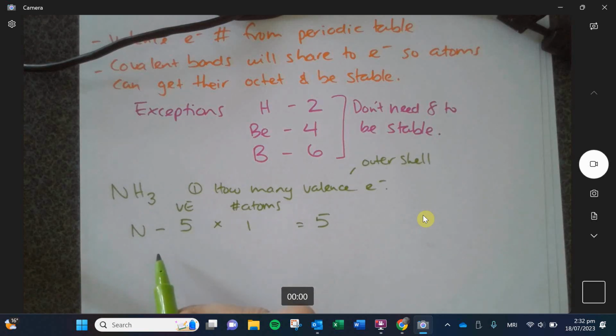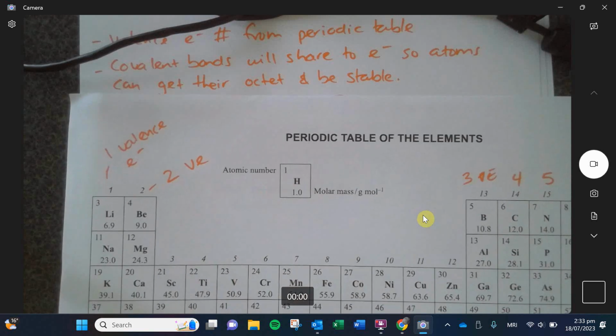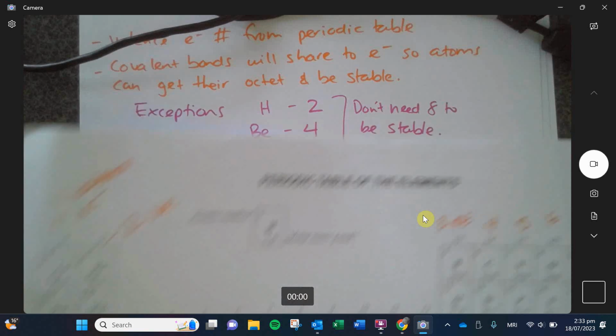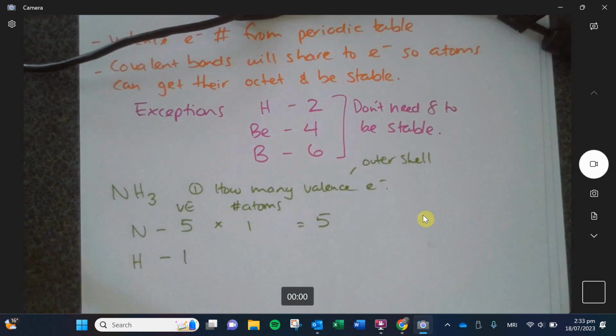The next element that I have in my molecule is hydrogen. When I look at hydrogen, I see that it only has the 1 electron. It's actually in group 1. It should be up here, but sometimes they move it out so that way they can label it. So hydrogen only provides 1 electron.